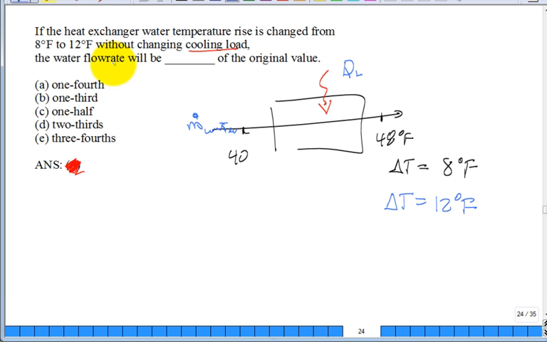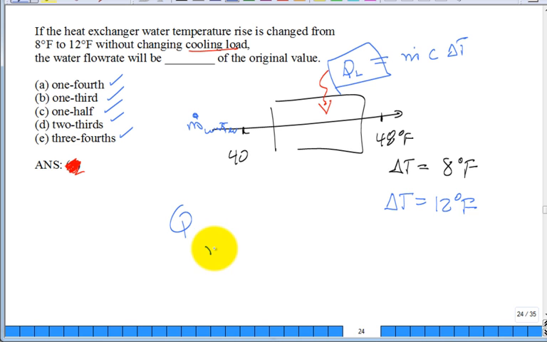Is it 1/4, 1/3, 1/2, 2/3, 3/4, and why? So what you say is, what's the same between them? You have the same cooling load without changing the cooling load. And the cooling load is the mass flow rate, specific heat, delta T.